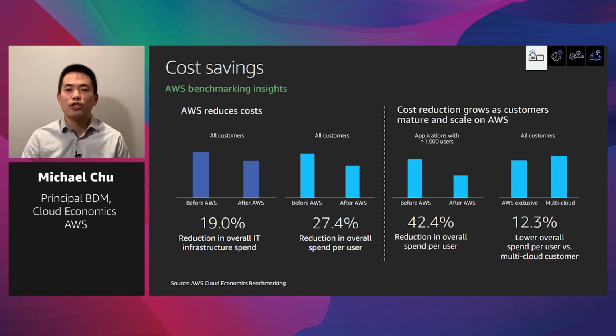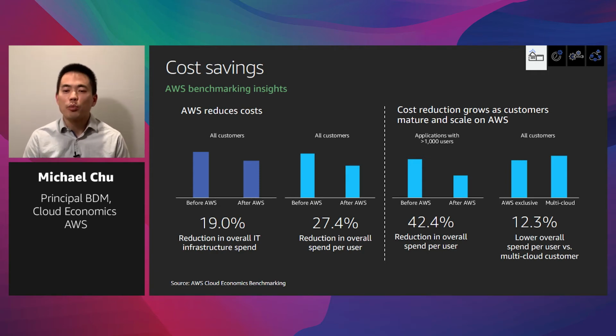And these cost reductions grow as your applications get larger and more complex. The other additional finding was that customers who use AWS exclusively saw on average 12.3% lower infrastructure costs compared to their multi-cloud counterparts.